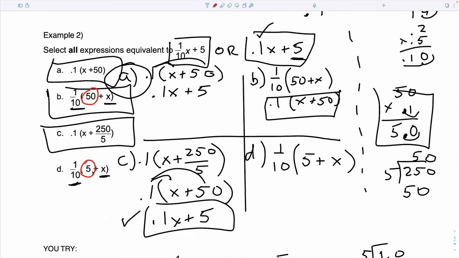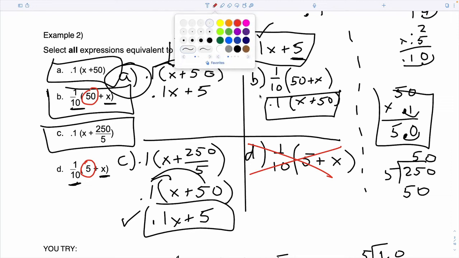So both of them match exactly, except for what? There's one thing that's different. Katie, what is it? So 1/10 times 50 got me the right answer. 1/10 times 5 is not going to work. I don't have to check my answer because I know it's wrong. Cross it out. A, B, and C is your answer.